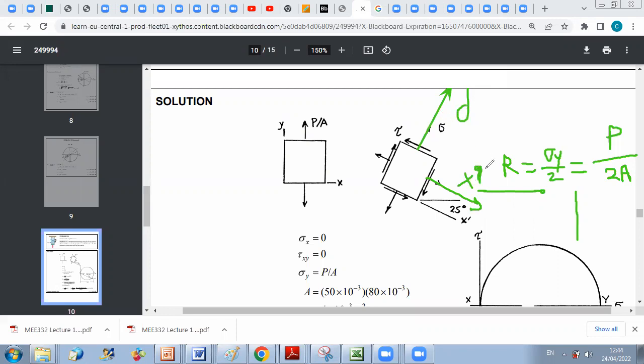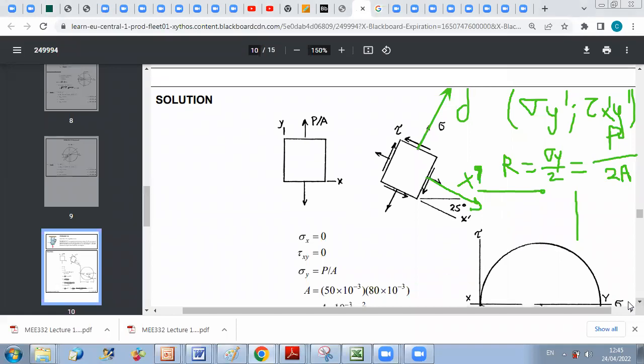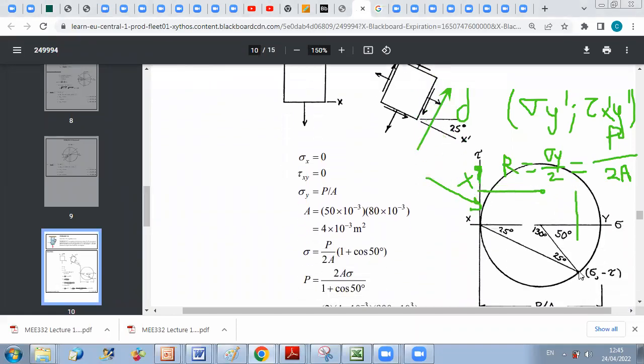When we represent point y prime, the coordinates of point y prime are sigma y prime and tau x prime y prime. Since point y prime is on the lower side here, this means that we have a negative tau for this element. Tau x prime y prime is negative. This is why they illustrated it as sigma and minus tau. Here, tau represents for them the absolute value of shear, and it's in the negative direction.